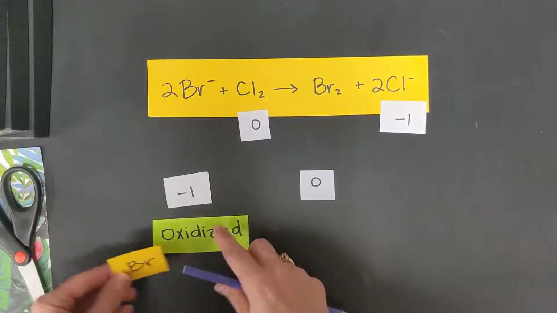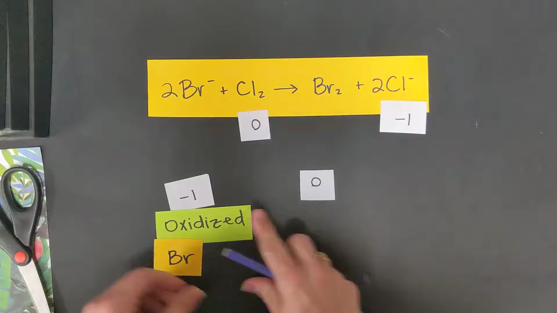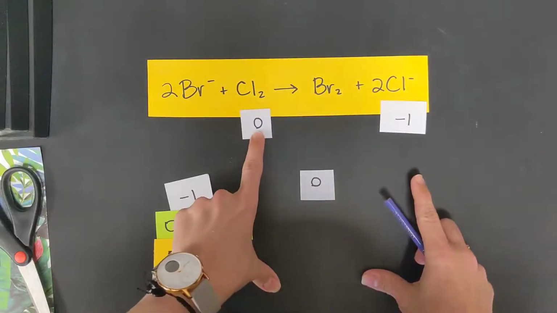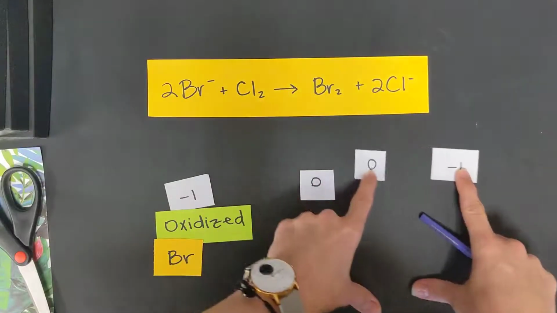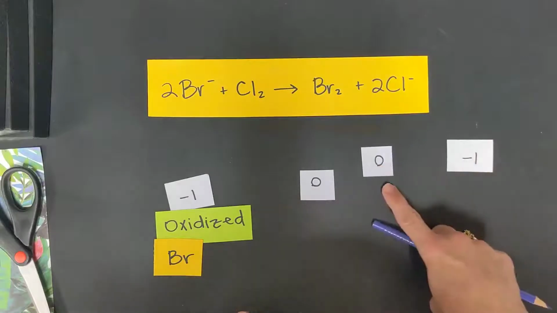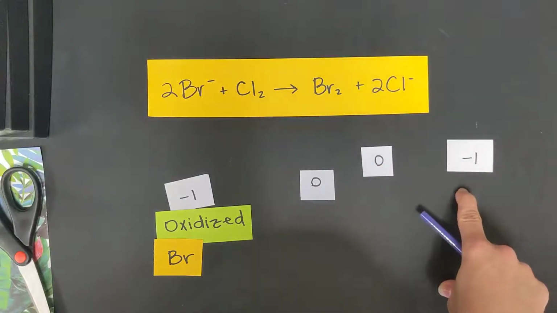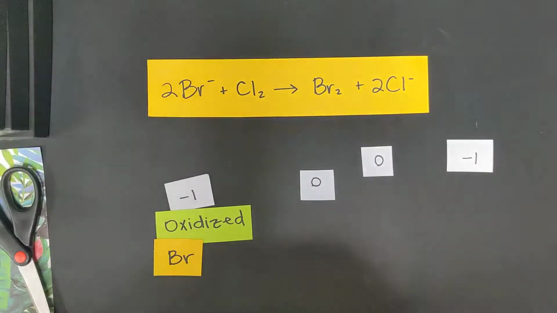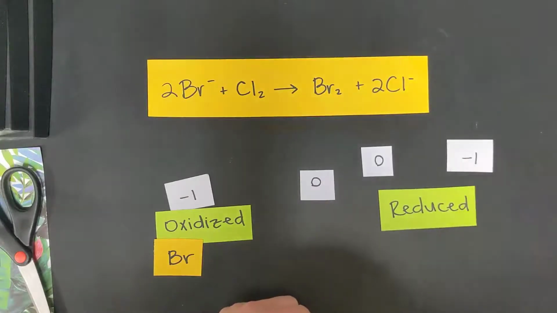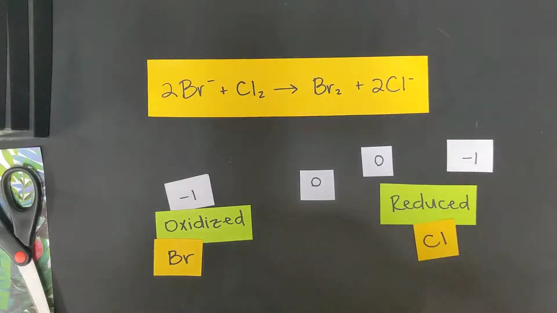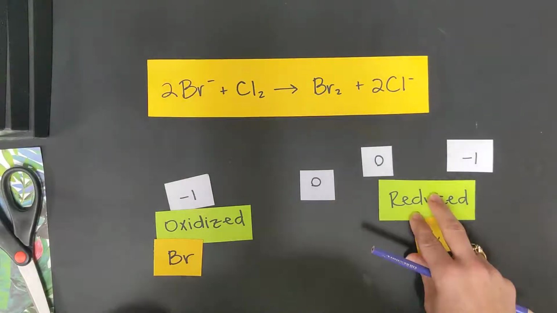So we see here that Br was oxidized. You look here at Cl. Cl went from 0 to -1. That means it had to gain an electron to become negative. So Cl was reduced. Let's try this again with a slightly more complicated equation.